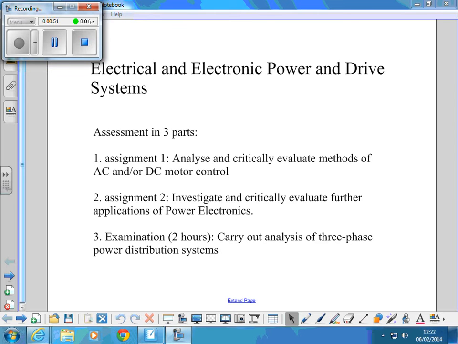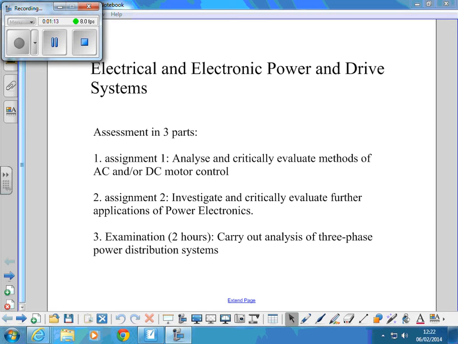And the normal thing is I give about 3 weeks for that to be completed, handed in online in the normal way. Assignment 2 is an investigation and critical evaluation of further applications of power electronics.